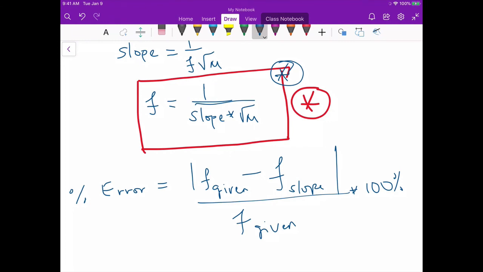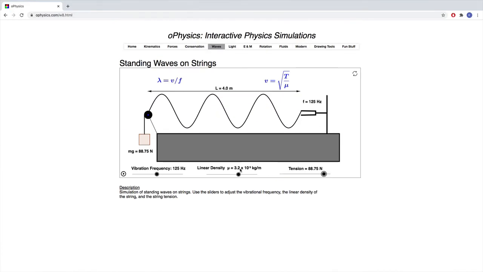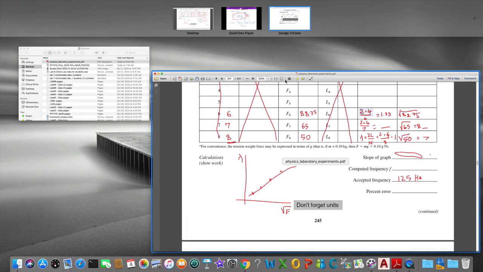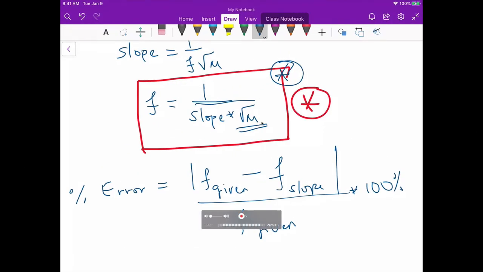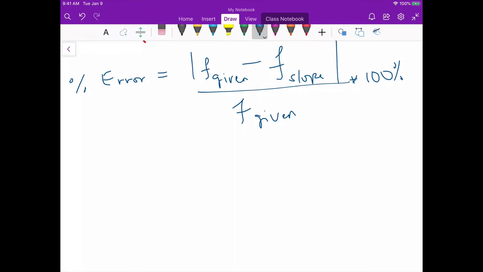You already found it from the graph, and then of course you are going to use the square root of mu. Your mu value is already determined from the simulation, right? And that mu value is this. So once again, make sure that the only varying thing in your experiment is going to be, so this is how you are going to proceed. Set your f value, your f given, before you start the experiment, and then you set your mu value.